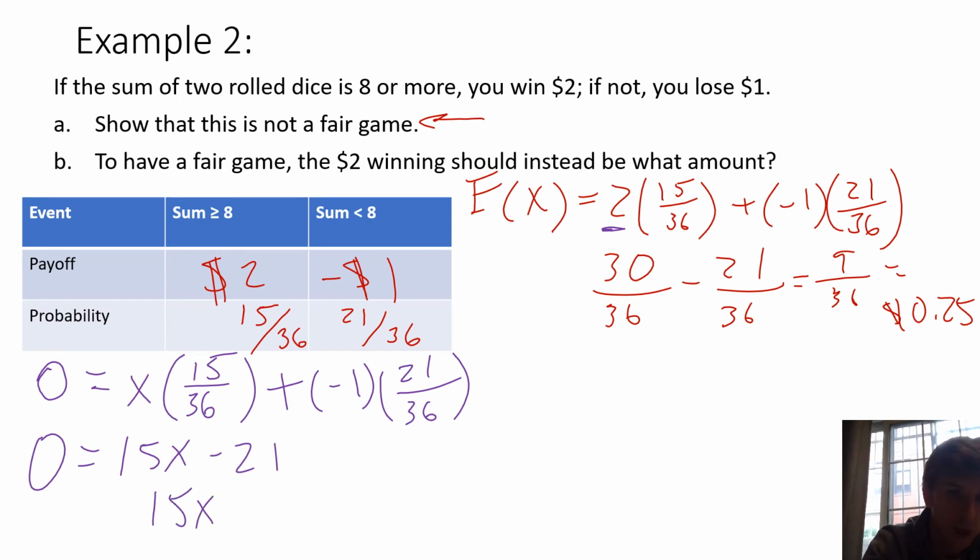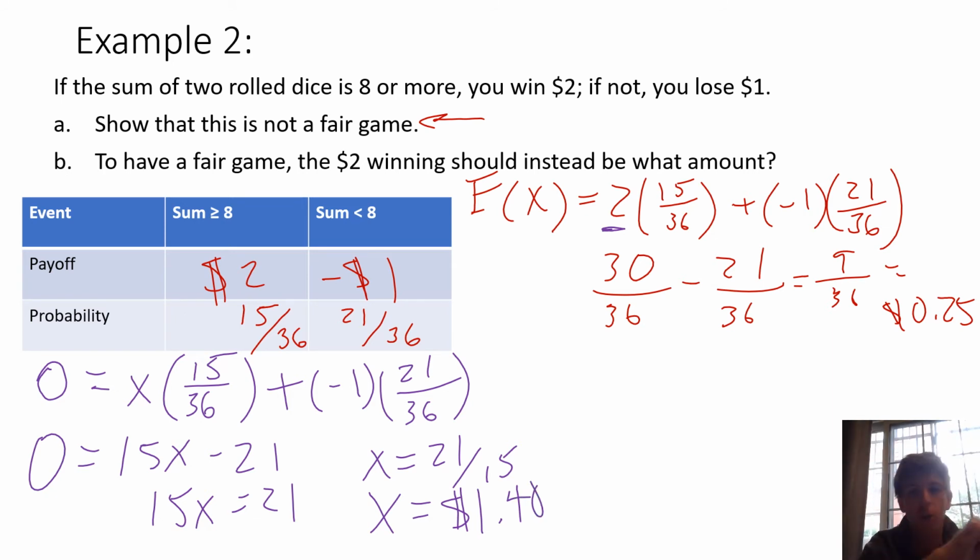So 15x equals 21. x equals 21 over 15. So x equals $1.40. Okay, so you would want to change that $2 winning to $1.40 if you wanted to make it a fair game. Meaning fair game, once again, expected value of 0.